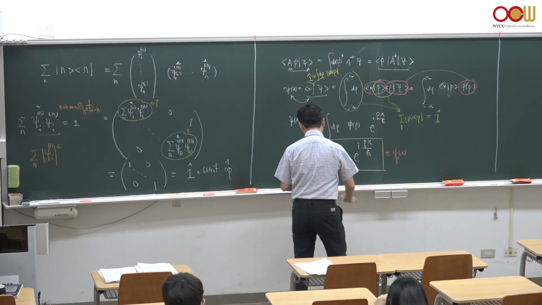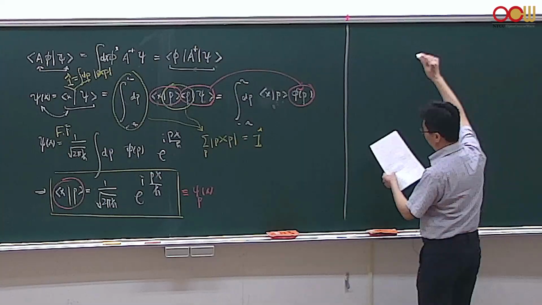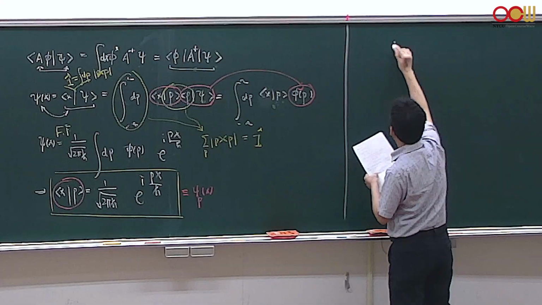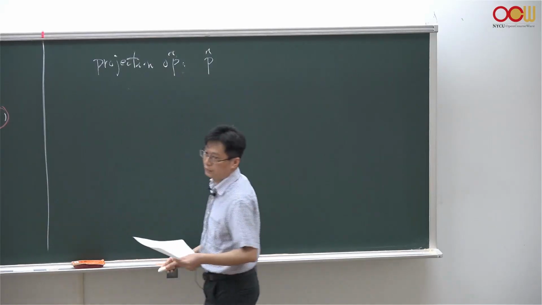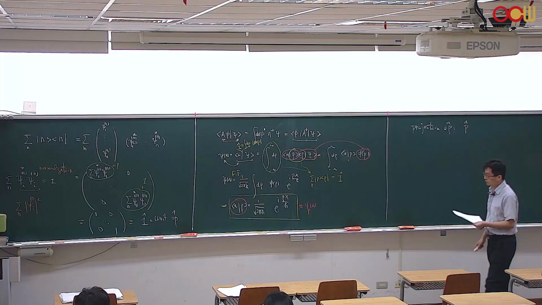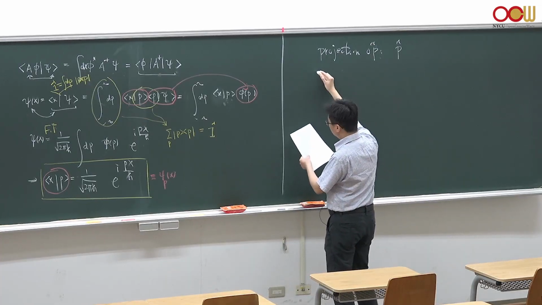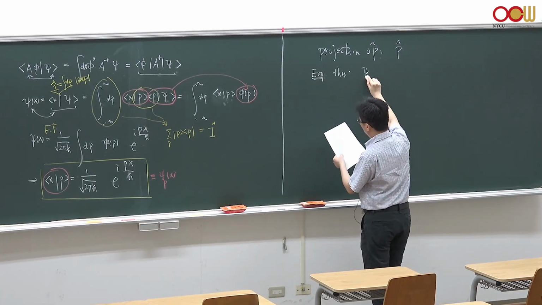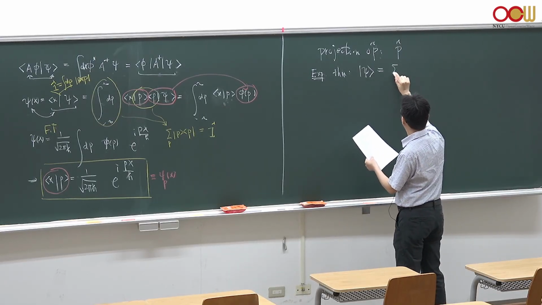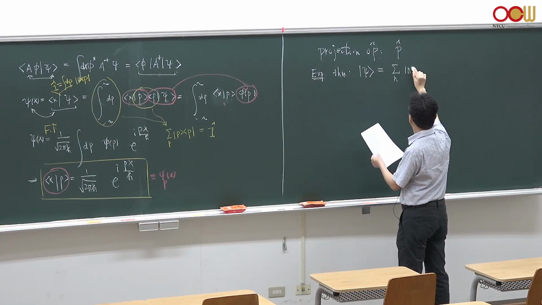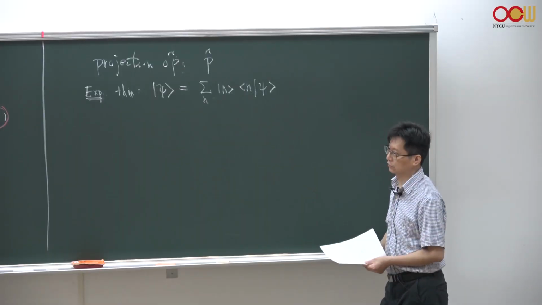So let's just go on and take advantage of such a great symbol invented by Dirac, and we define an operator called the projection operator. This is also a very important operator in quantum mechanics, which is based again on this unit operator. So remember this expansion theorem, which says that any arbitrary quantum state could be decomposed in terms of linear combinations of all different eigenfunctions, right?